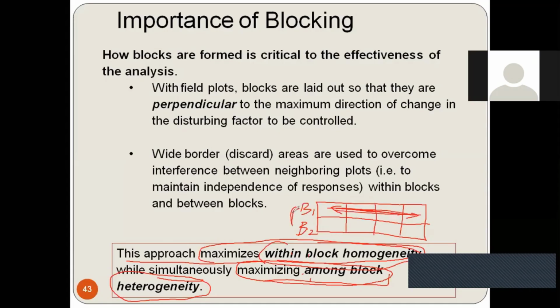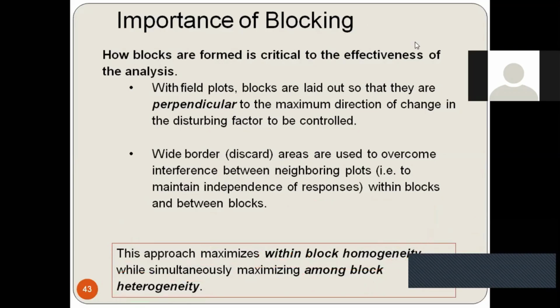Between the blocks, we maximize the heterogeneity, right? So let's say this is the direction of gradient. Whatever the gradient, maybe moisture or fertility or whatever it is. So don't forget this phrase. Within the block, we try to maximize the homogeneity. Between the blocks, we try to maximize the heterogeneity. Two different things.